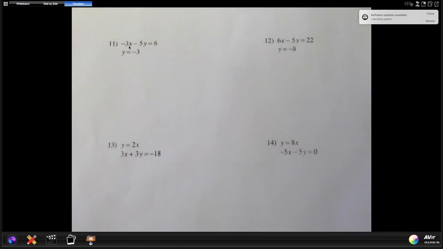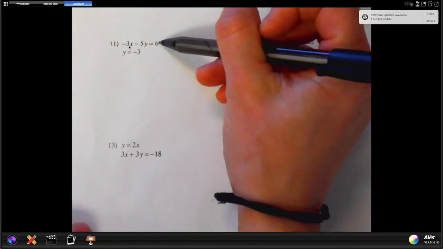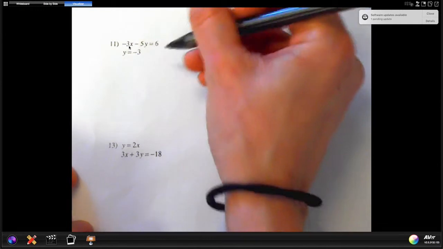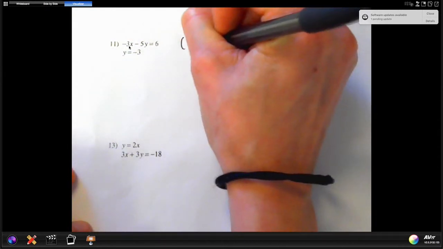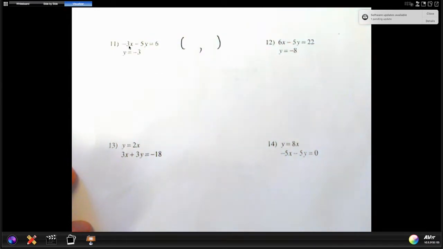Remember, when you're solving a system, you're trying to tell where, if you were to graph these two lines, they would cross. So your final answer is going to be an ordered pair. So I'm going to start with a spot to put my answer as an ordered pair.